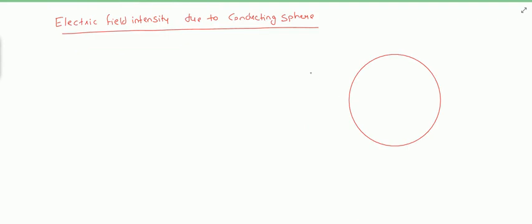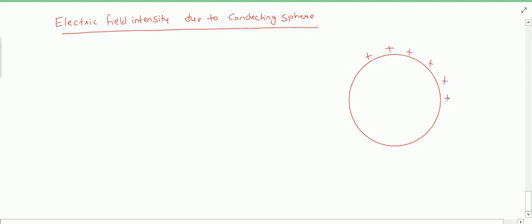Now let us see another topic on application of Gauss law: electric field intensity due to a conducting sphere. It is not a hollow sphere, it is a conducting sphere. For a conducting sphere, whatever the charge, it will be spread uniformly over the surface.